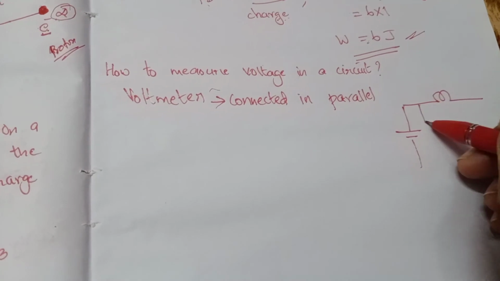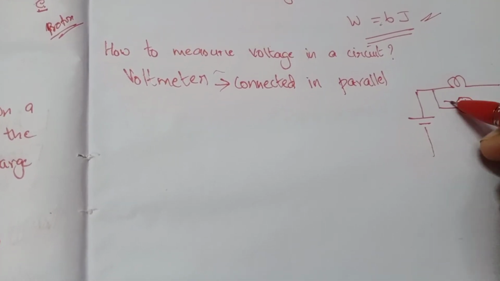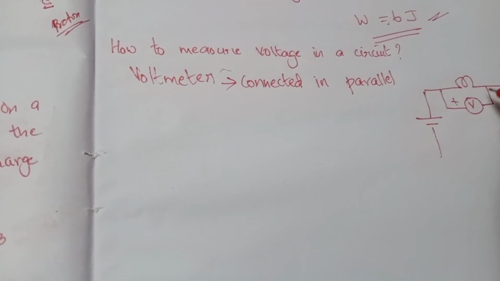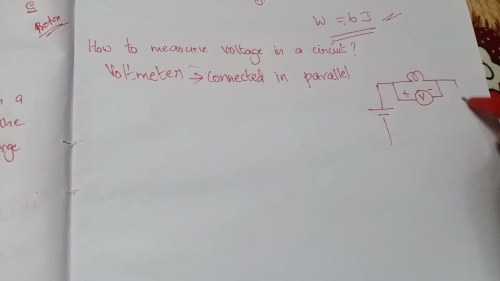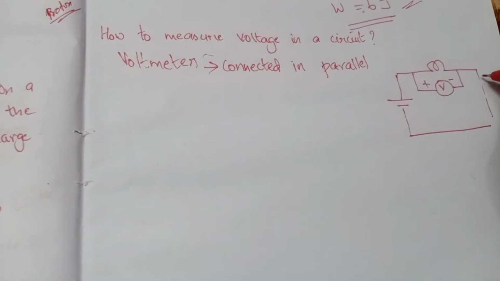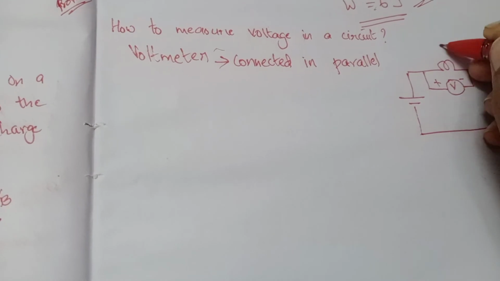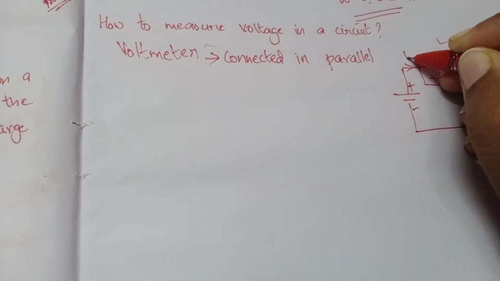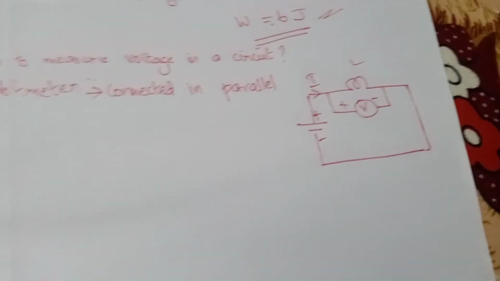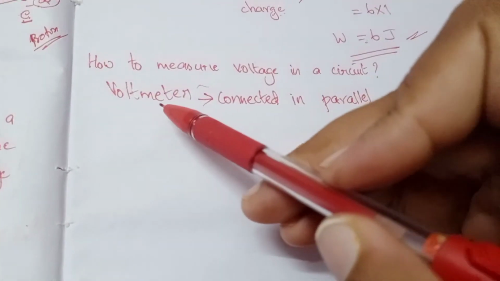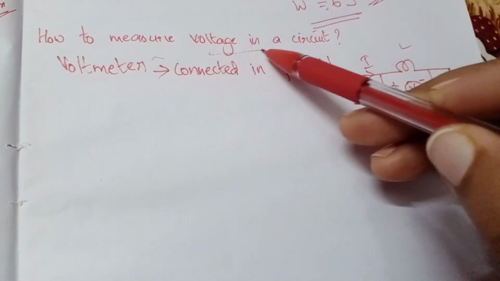Across this lamp I need to connect the voltmeter parallelly, not in series. This is the lamp, plus, minus, we have a current here. Is this clear? The voltmeter is a device used to measure the voltage in a circuit.